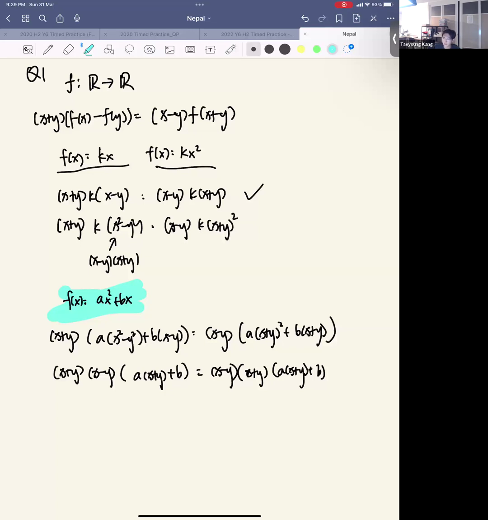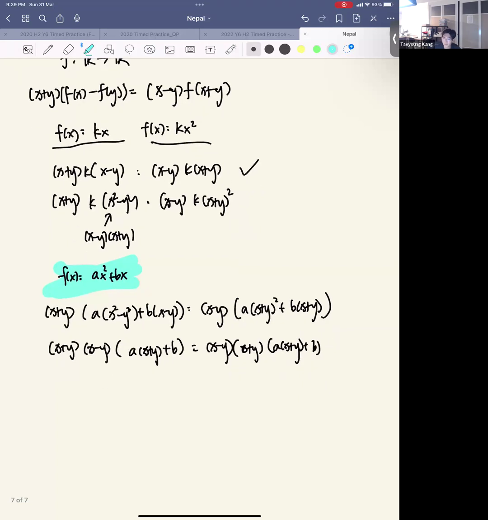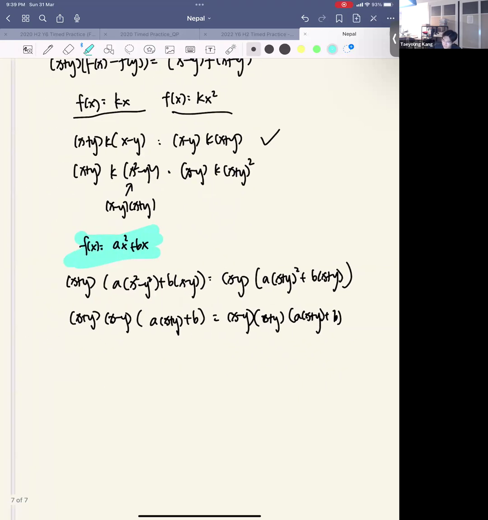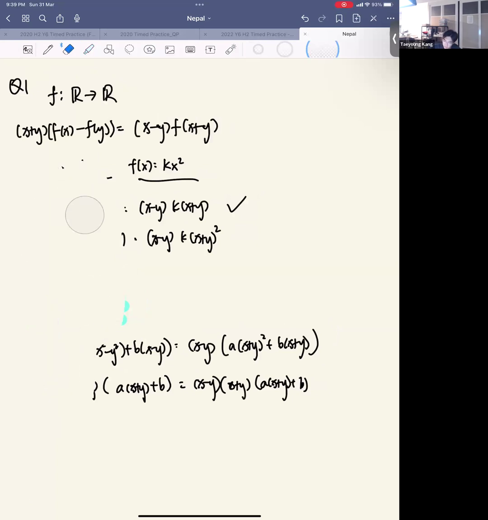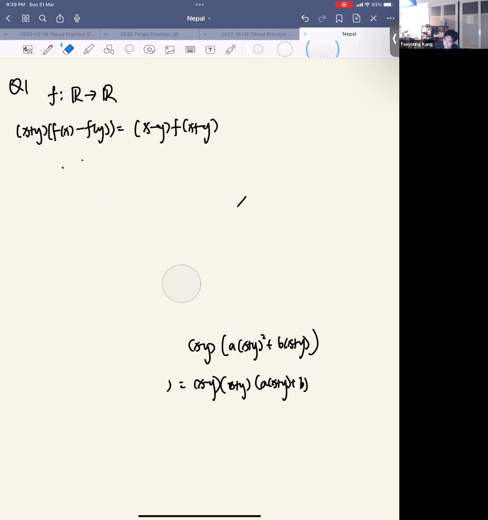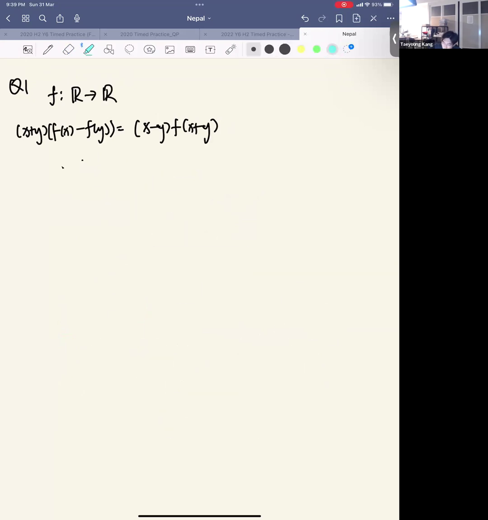Okay, so x, 0 gives us. Let me just erase the guess portion because we don't need that anymore. Okay, so let's try what was suggested.